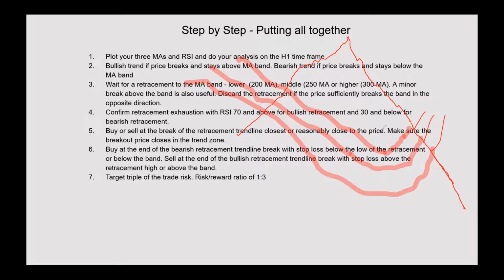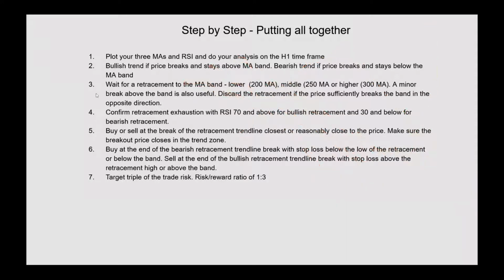So when the price makes a correction to the band, we need to know that the band is going to offer some sort of support or resistance, so that price can then turn around and continue in the direction of the trend. But if it breaks the band and stays there consistently or sufficiently, then we have moved from a bullish trend to a bearish trend. So instead of looking for a bullish opportunity, we can now start looking for a bearish opportunity. That's what we're saying there.